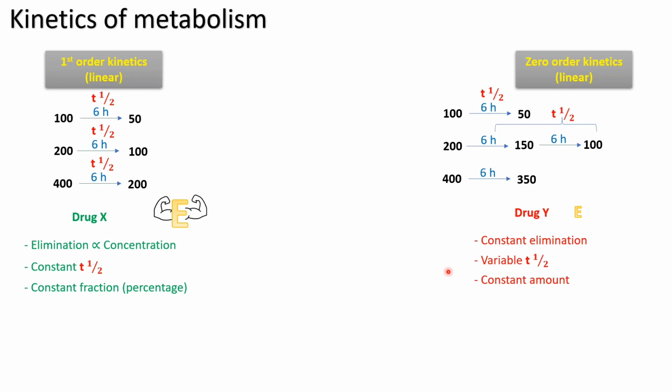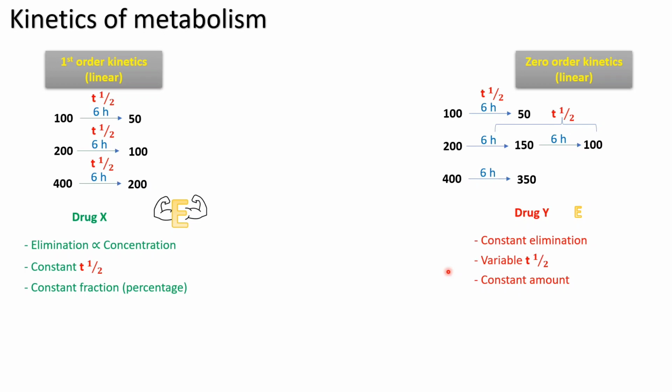And thanks to God, most of our drugs follow first order kinetics. So we wouldn't expect a real toxicity from them, because by increasing the concentration given, the rate of elimination also increases.